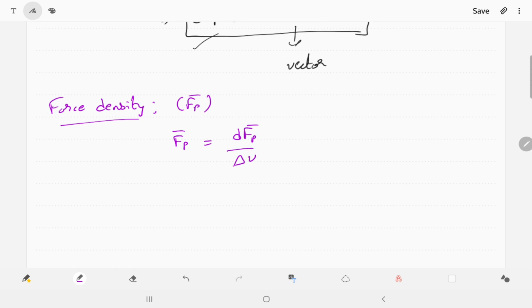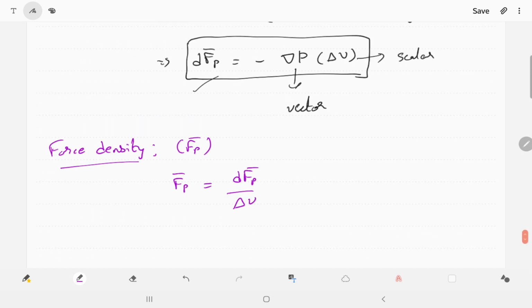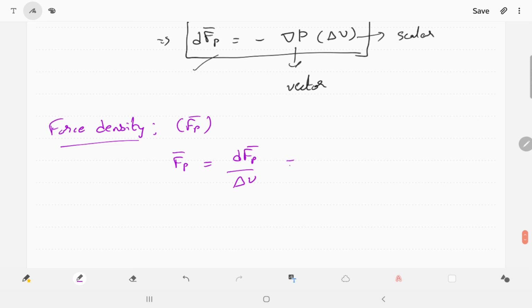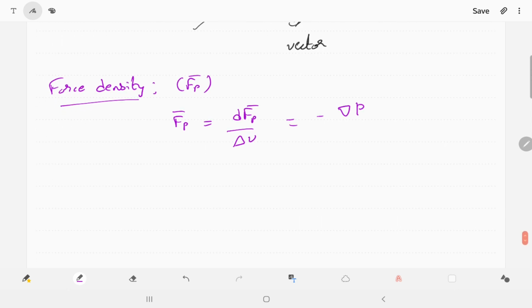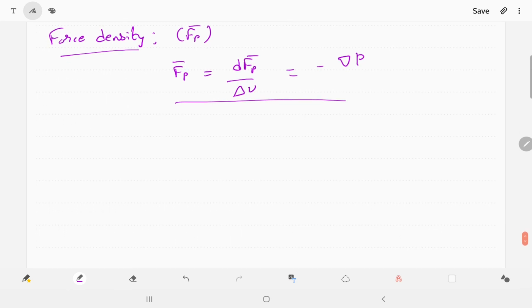That means the pressure force delta F bar P per unit volume is nothing but minus del P. So force density means the force per unit volume acting all around the element we are considering.